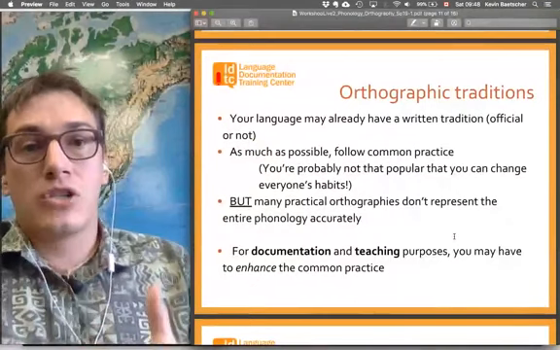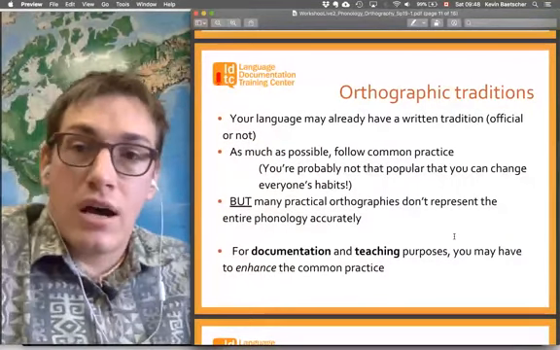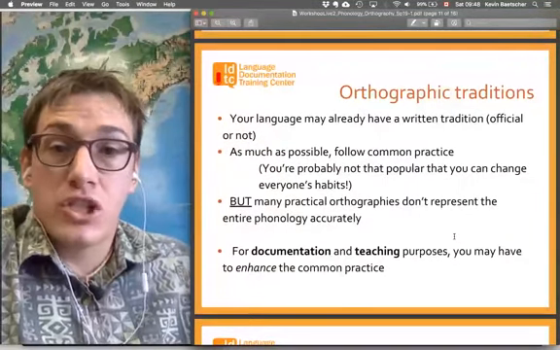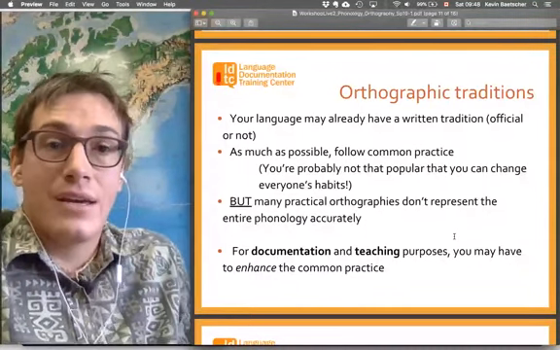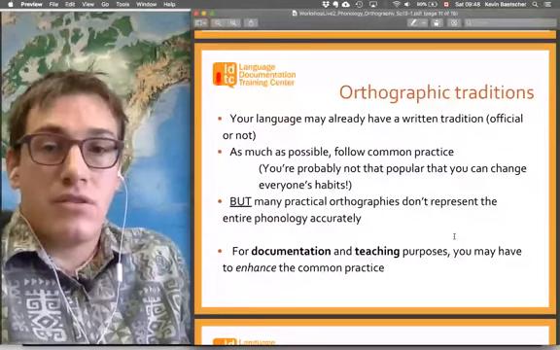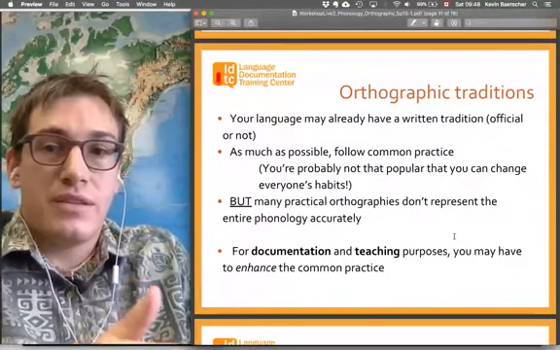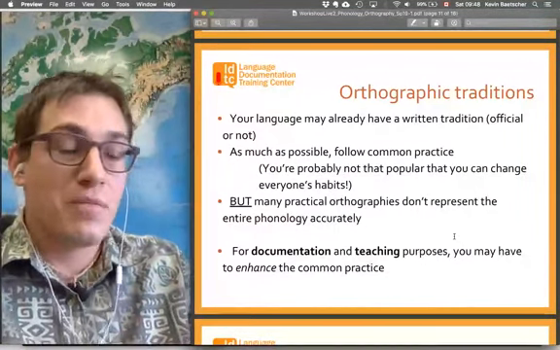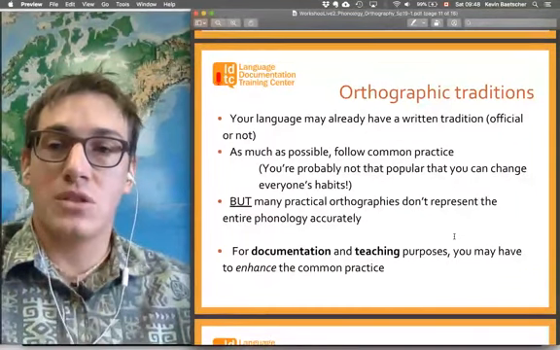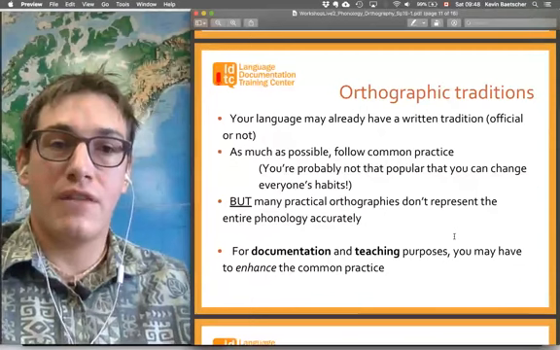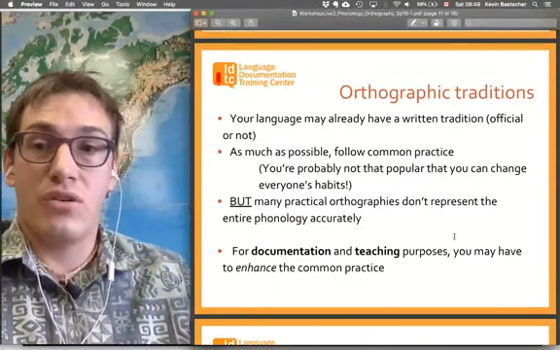Now, your language may already have a written tradition, whether it is official or not. In fact, my own native language, Alemannic, is written. You know, we text each other in Swiss German, but there's no standard orthography. There's no one who says this is the right way to spell it, and you have to use that when you write it.